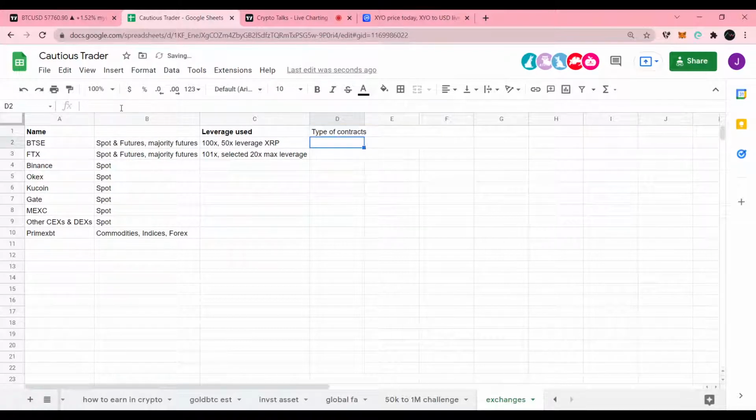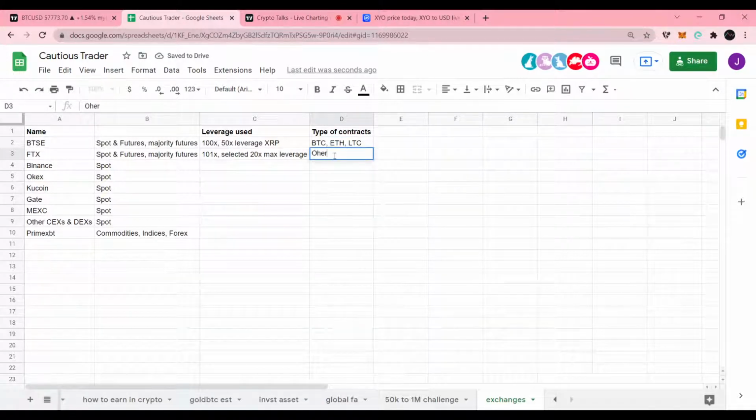The contracts that I trade are basically BTC, ETH, and LTC, which is the one that I used early in 2020, and then other altcoins here. Though sometimes I also use this on BTC, ETH, and Litecoin. Sometimes it depends.